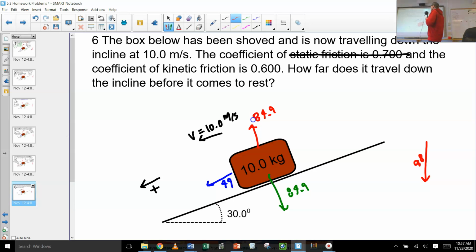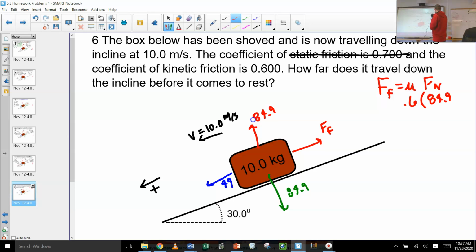Since I'm traveling down the hill, that means friction is opposing me. So to find my force of friction, it's the coefficient times the normal force. My coefficient of friction is 0.6 because it's moving, and the normal force is 84.9.